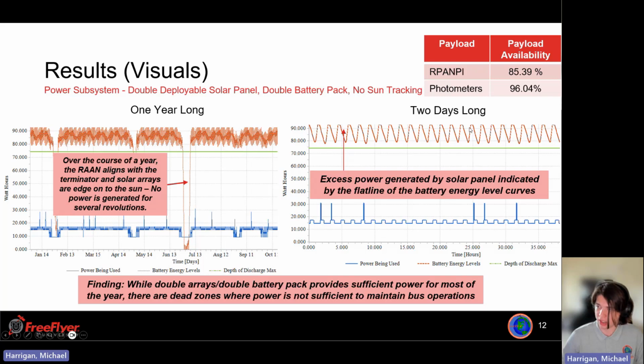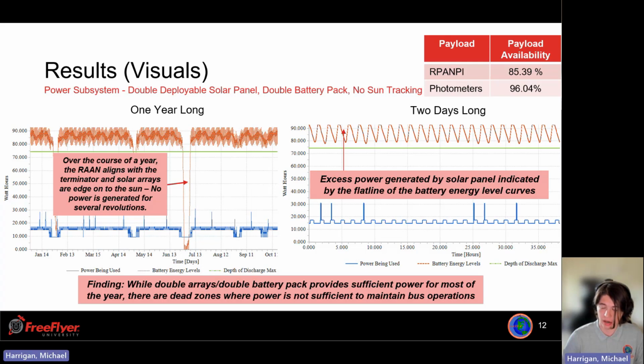the 2-day long simulation. Looking at the 1-year-long simulation that you see on the left-hand side, though, you can see a notable problem at a few points throughout the year. We measured 4 for this simulation, where the panels become edge-on with the sun.